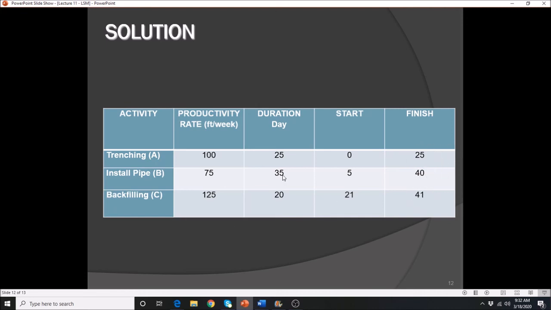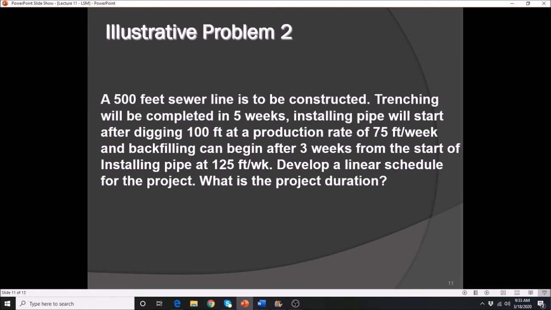Alright, so the next one now is backfilling. Notice that there is a difference between the greater durations, which are 35 and 20. So 35 minus 20, that gives you 15 days. If we add 5 plus 15 days, that will give you 20 days. But I want you to notice here, it says they can begin after 3 weeks.